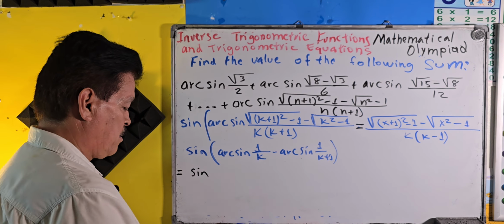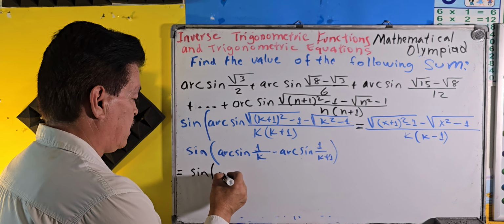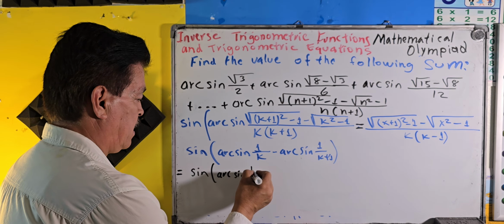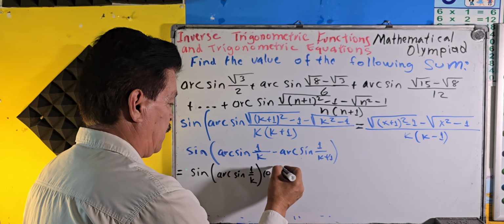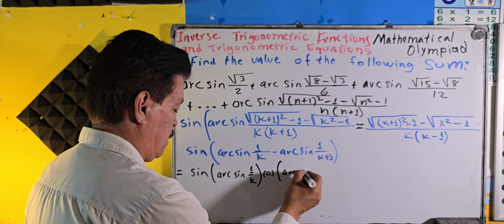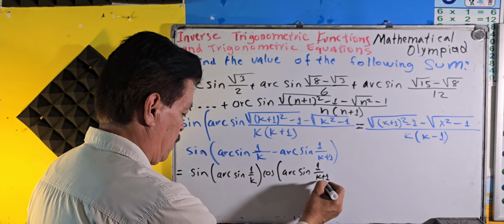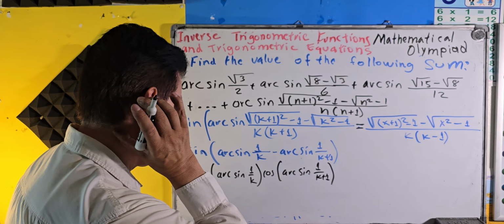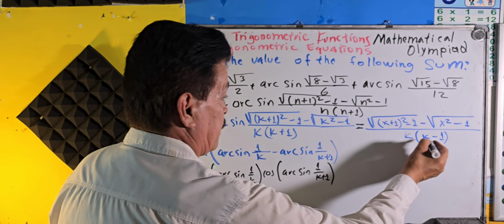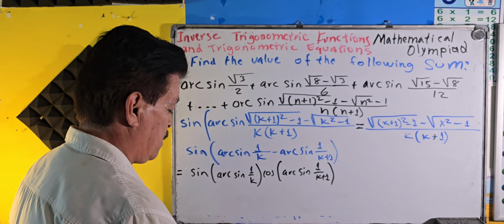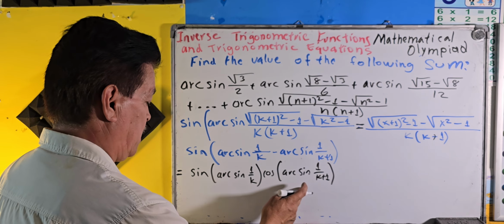We will have sine of arc sine 1 divided by k, times cosine of arc sine 1 divided by k plus 1. Oh, and this problem is plus, not minus, it's plus. Okay, and everything is plus right there.